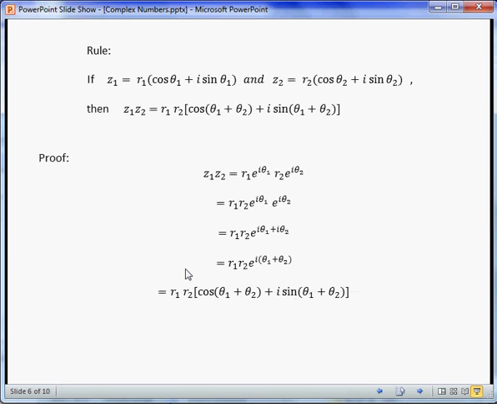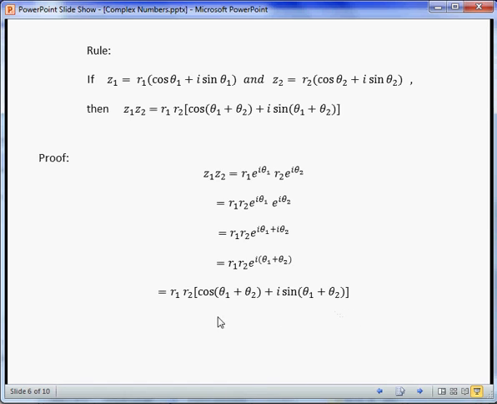An easier way to do it is put everything into the Euler form. When you multiply this together, obviously r1 times r2 is there, and you multiply the e's. Well, when you're multiplying two powers together, you've got to add the exponents, and then take out the common factor of i, and then there you go.